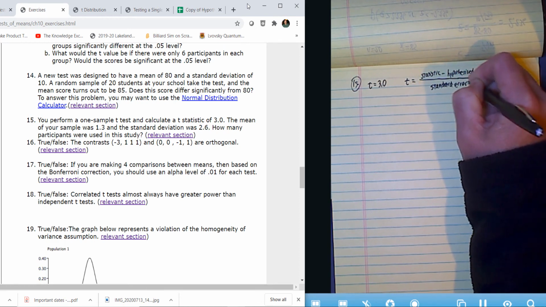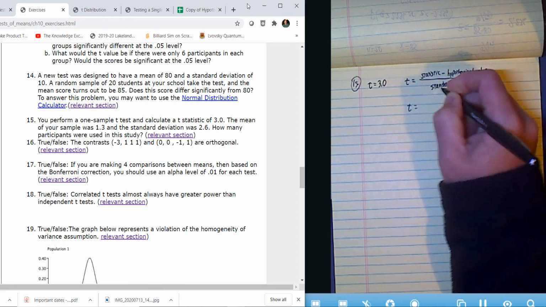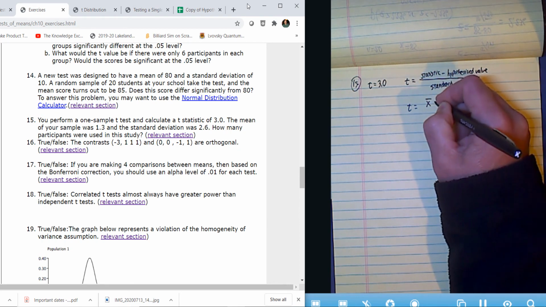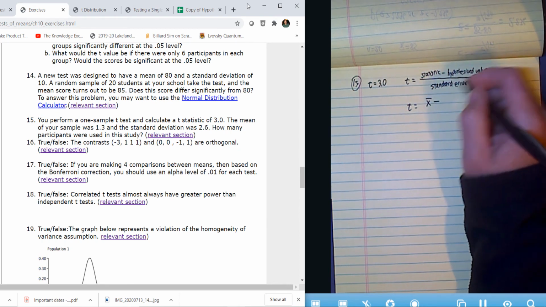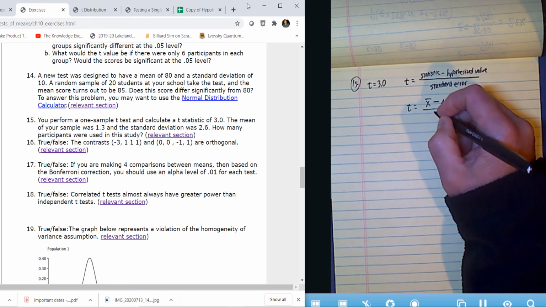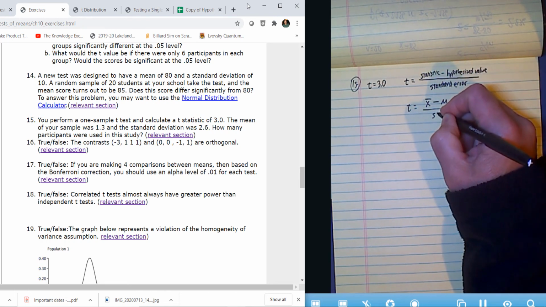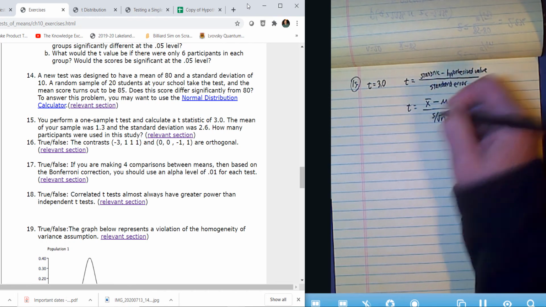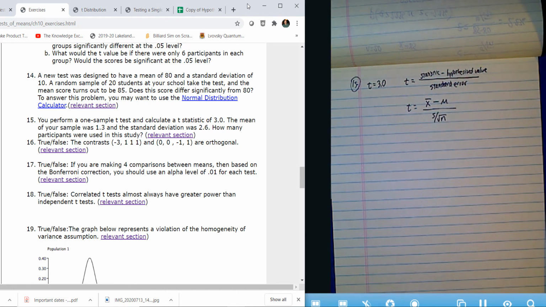So in our example, t is equal to, I've been using x bar, the book's been using a capital M. We've been using mu for the hypothesized mean, and the standard error of the mean, we've been using s over the square root of n as an estimate of sigma over the square root of n.